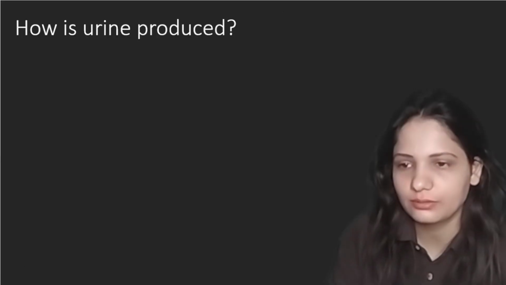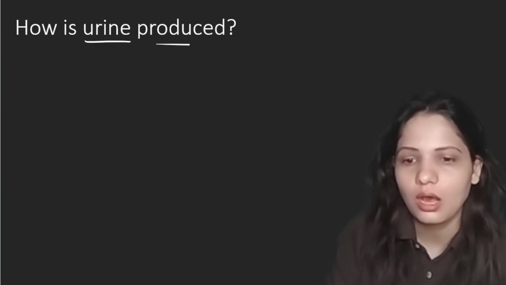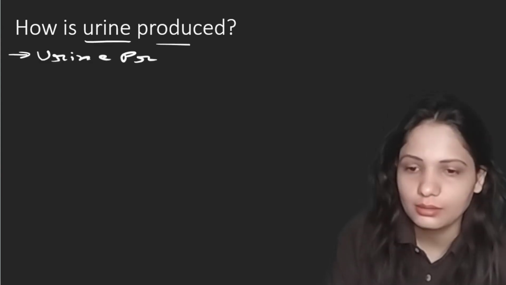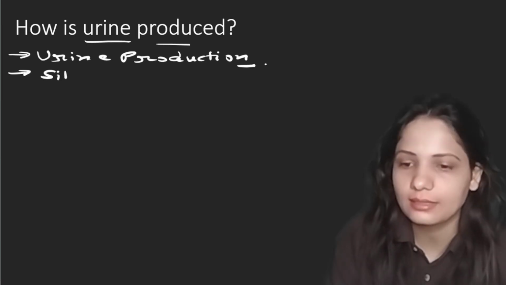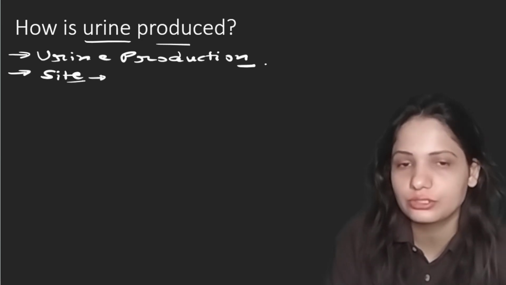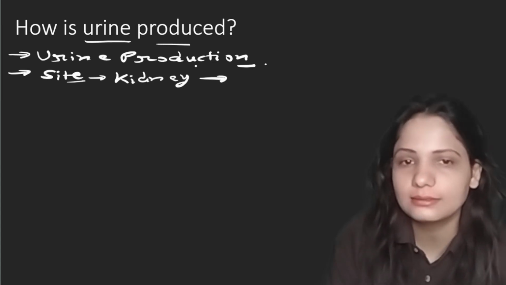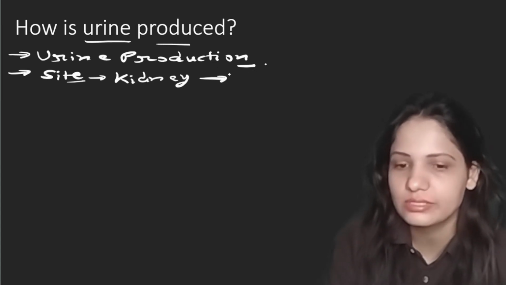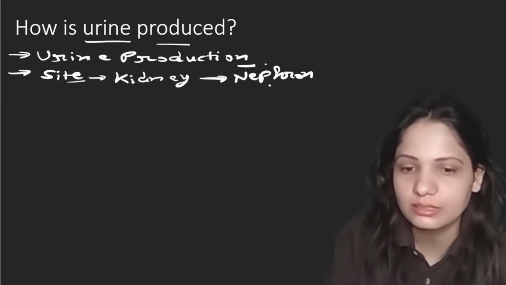Now next we are going to understand the process of urine production. How is urine produced? This process occurs inside the kidney. If we write down here the site of urine production, what will we write? Kidney first, and then inside the kidney we have the nephron, which is the structural and functional unit of kidney. This we already understood.